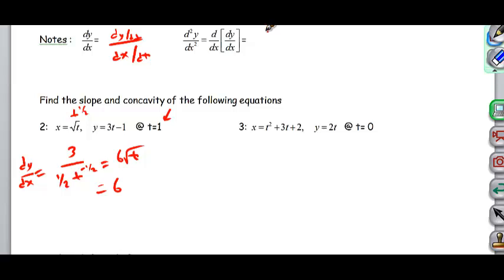We take the derivative in terms of t of our y value, which is our first derivative, and then we have to divide that by dx dt. So it's not anything different, it's just that a lot of people want to do their second derivative by just taking the derivative of their first derivative. Well, that's fine. This is y basically.